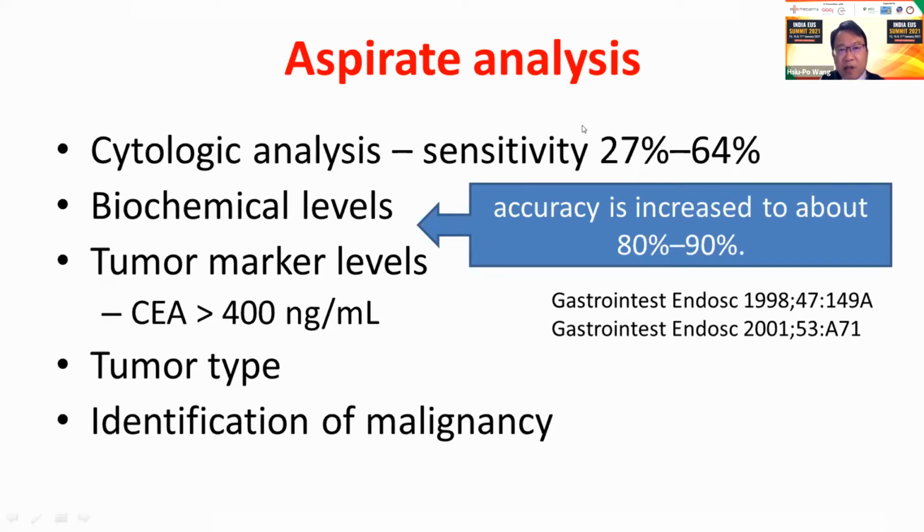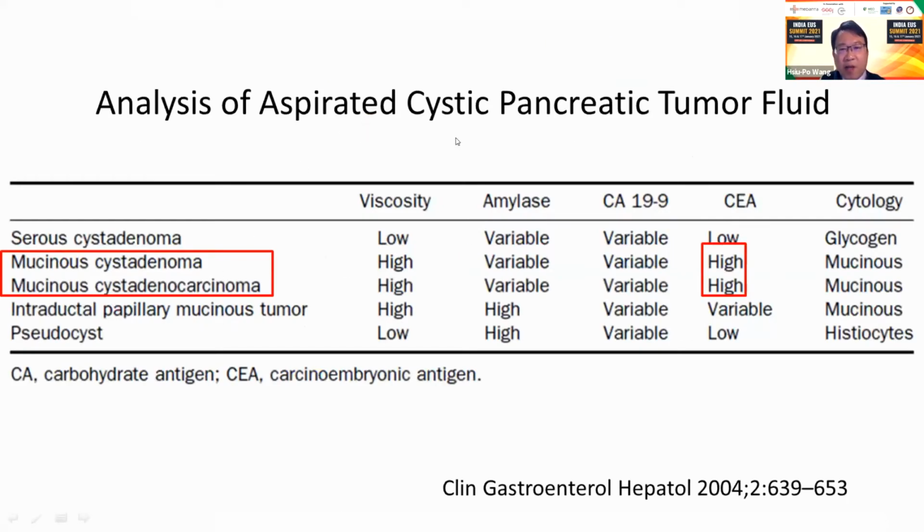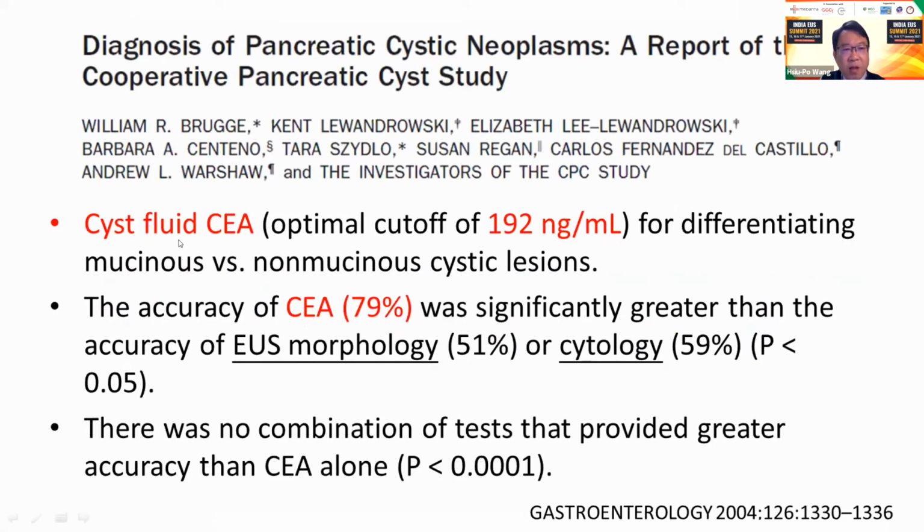However, the sensitivity of cytology analysis is very low. One study shows that CEA is high in mucinous cystic neoplasm. Another very important study shows the CEA cutoff value of 192 for differentiating mucinous and non-mucinous cystic lesions. They also found that CEA level is significantly greater in accuracy than EUS morphology alone or cytology.